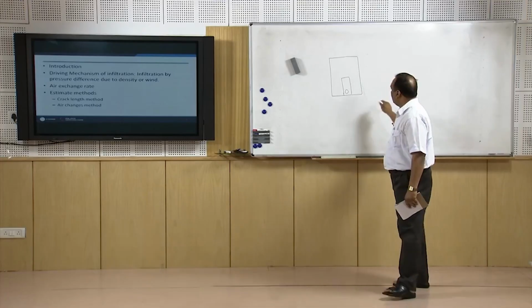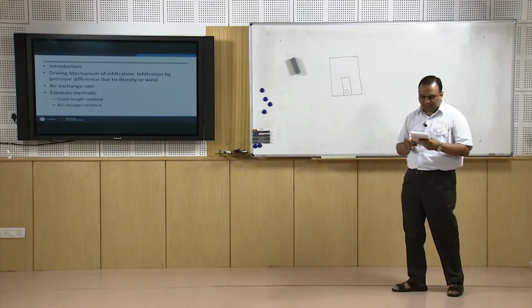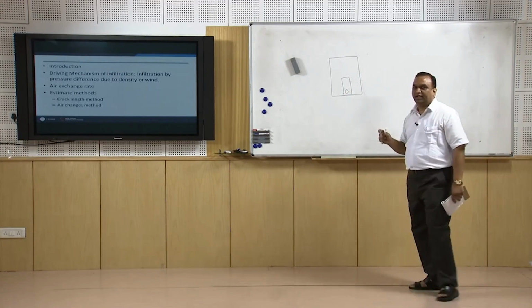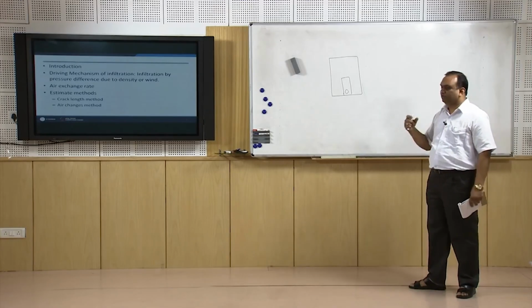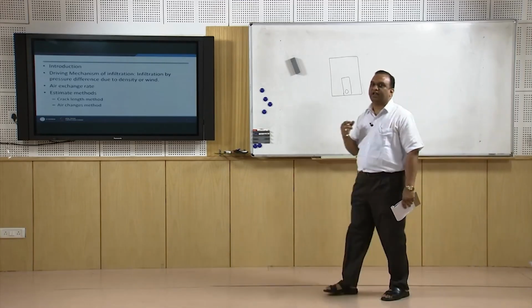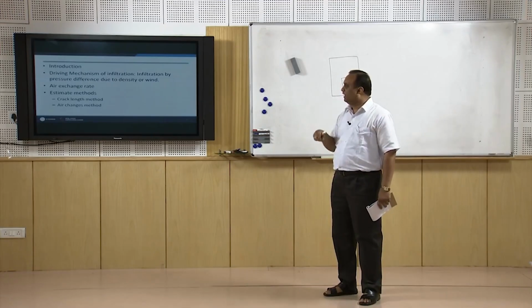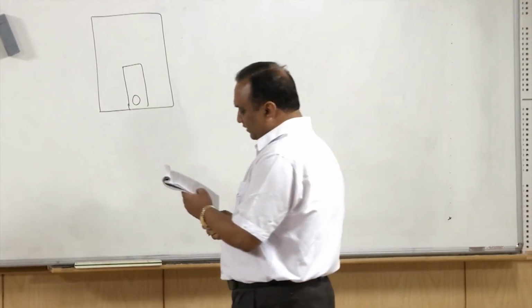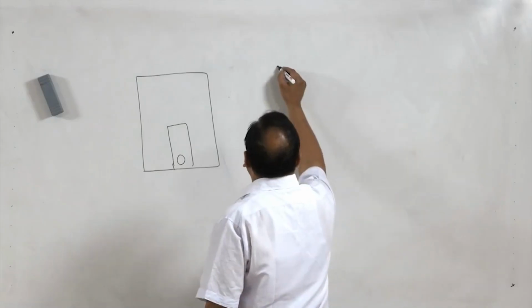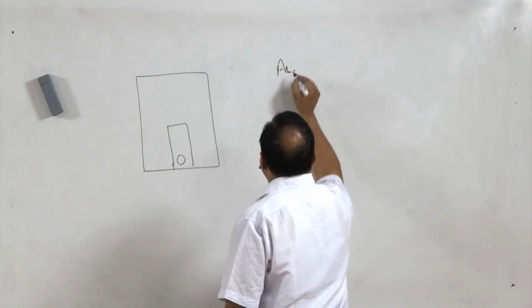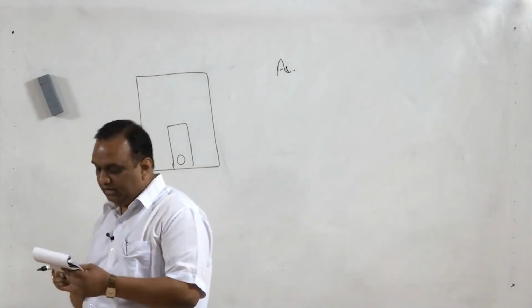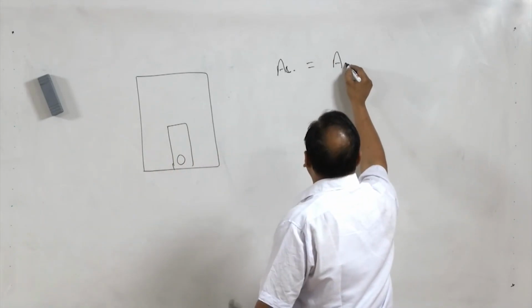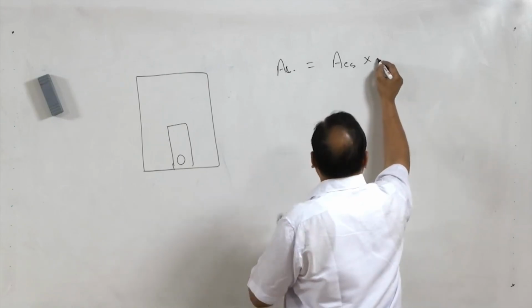This value of infiltration in the building is divided by the exposed area of the building, and we get a certain generalized value, which is used for calculating the infiltration in the building. I will give you an example of a residential building where the air leakage area has to be calculated. Air leakage area is exposed area into unit leakage area.